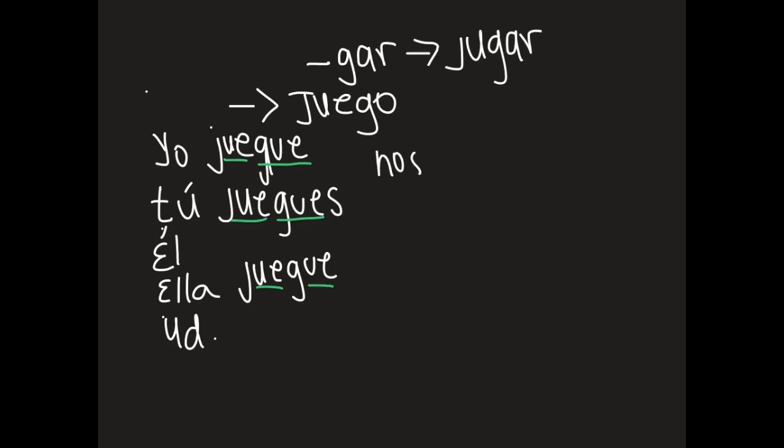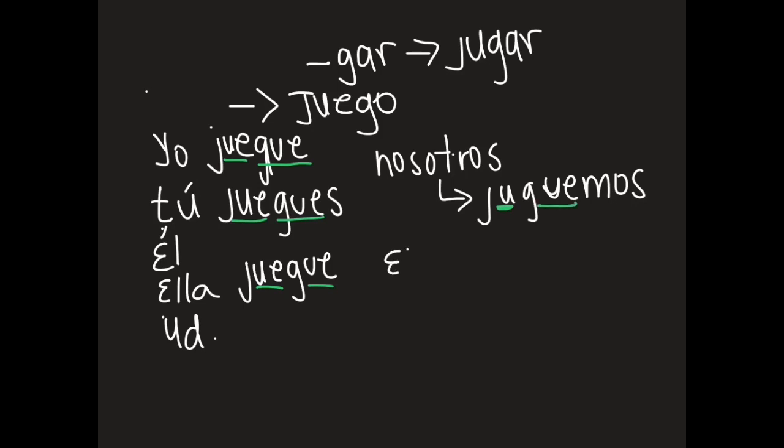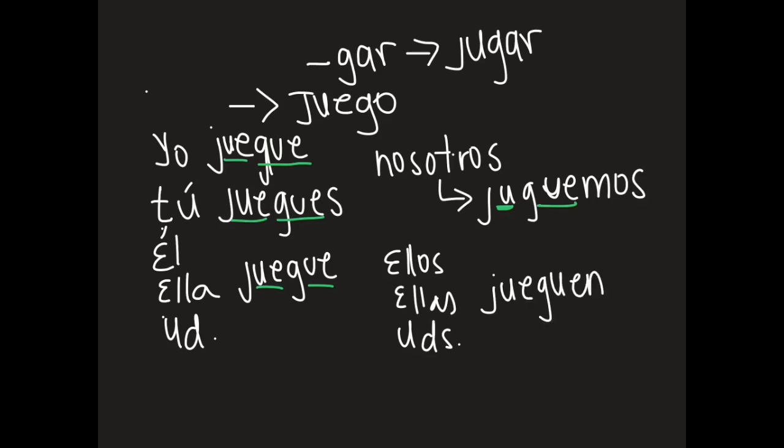And in nosotros, the stem only changes half, so juguemos. And the ellos, ellas, ustedes would be jueguen.